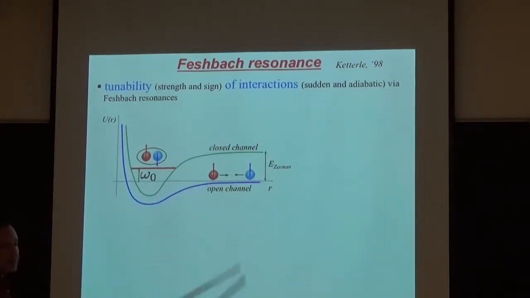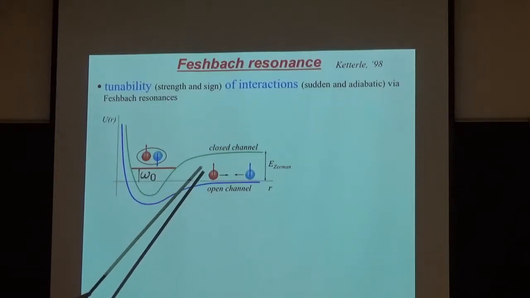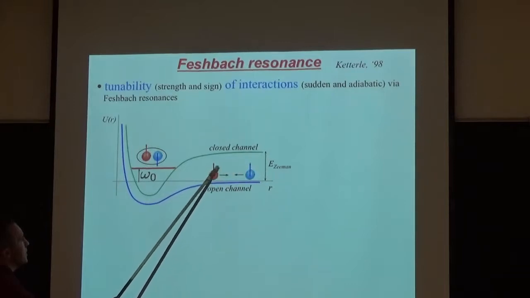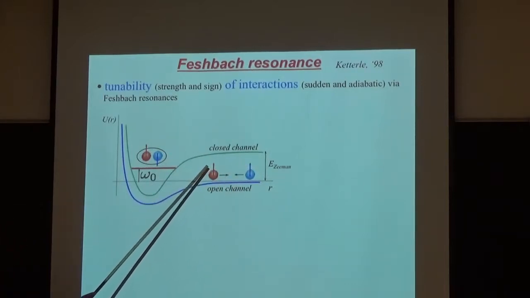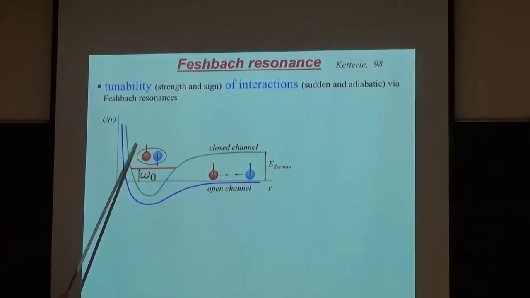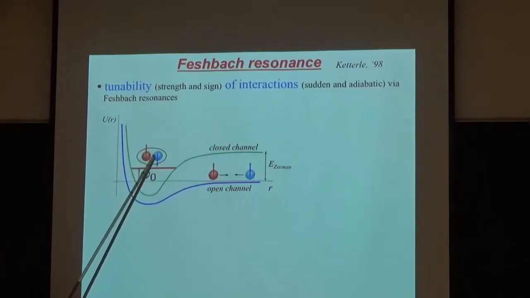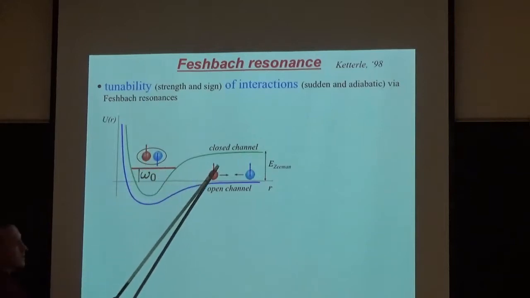What these arrows represent, in a qualitative sense, because these are not really eigenstates, electronic spin is not a good quantum number, is supposed to represent electronic spin. So in this channel, roughly speaking, the electronic spin is approximately a singlet of these two atoms, and here it's a triplet.